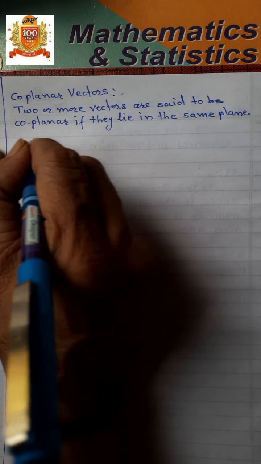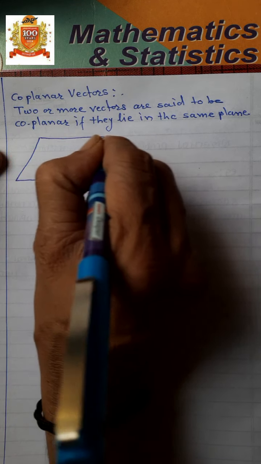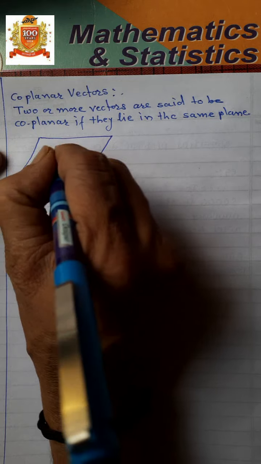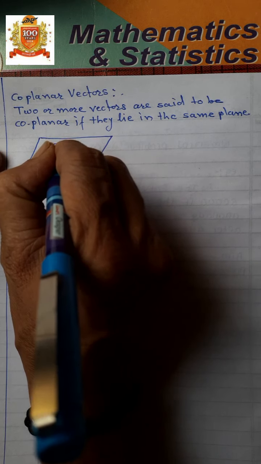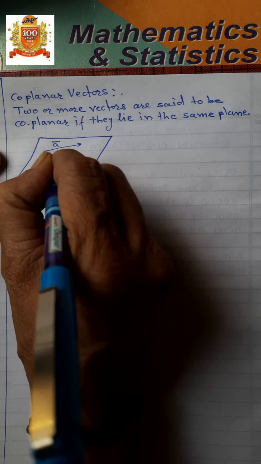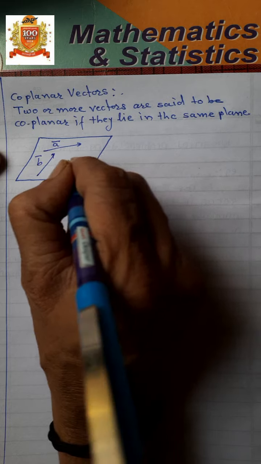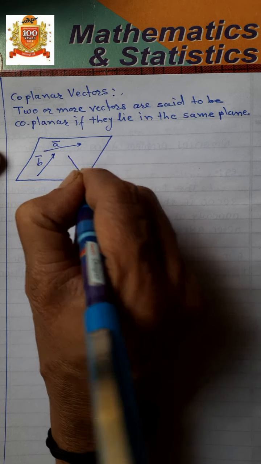Suppose this is a plane. This is vector a bar, this is vector b bar, and this is vector c bar.